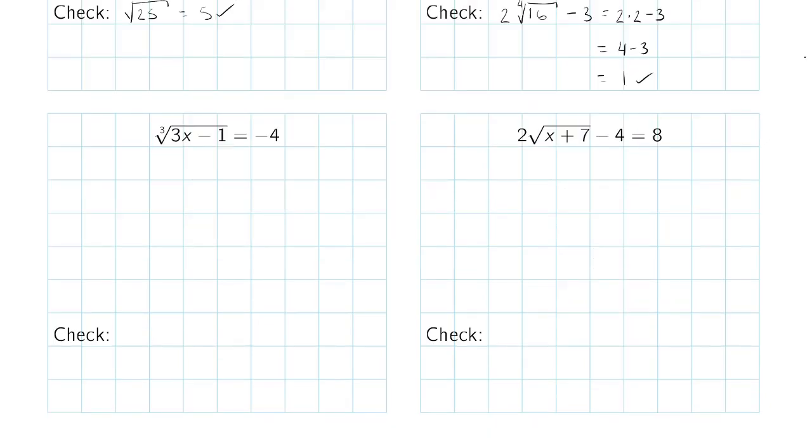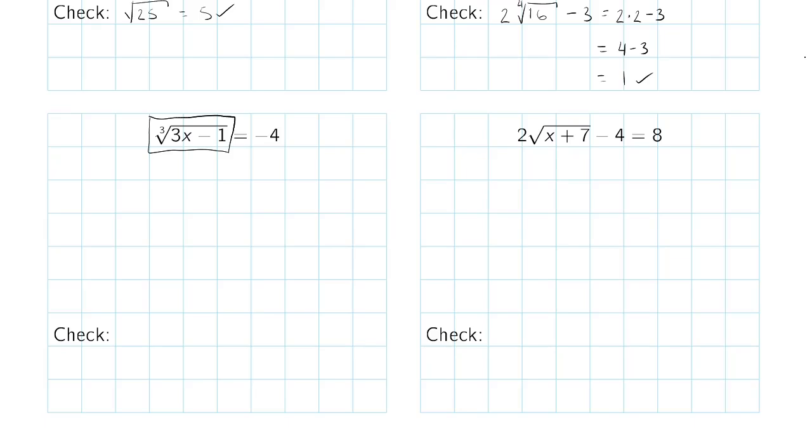In our next example, we have the third root of 3x minus 1 is negative 4. Now we might be a little bit concerned about that negative sign, but this is an odd root, so there are no problems here. Notice that the radical is the only thing on this side of the equation.